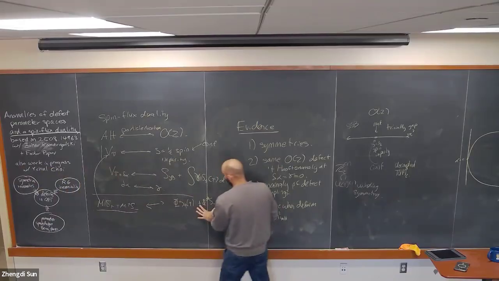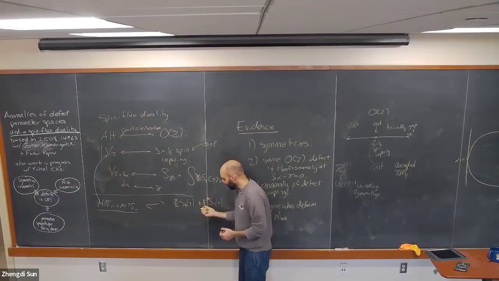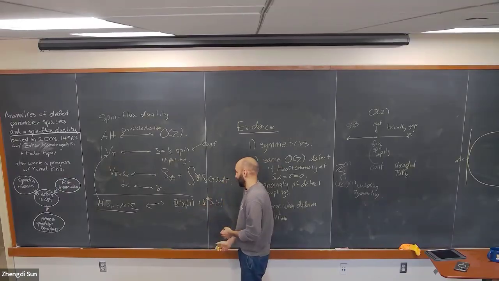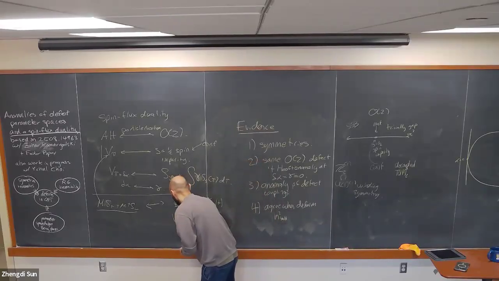You can ask, on the O2 side, we only defined it one way. We defined it by adding in new degrees of freedom. Is there a way that only uses the fundamental fields of the Lagrangian? And the answer is yes.